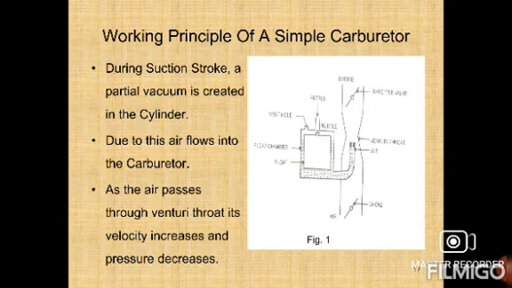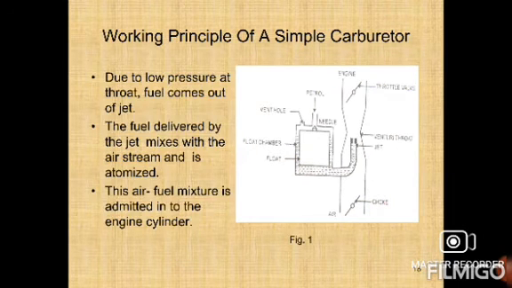Due to the low pressure at the throat, fuel comes out of the jet.